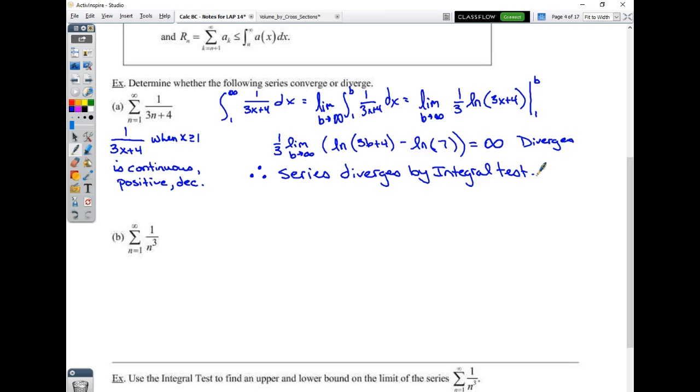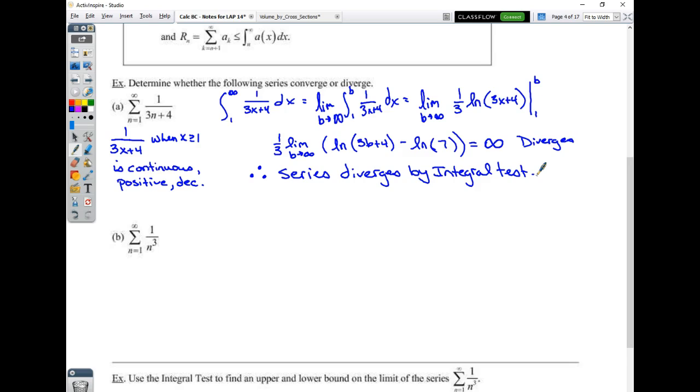Is it nice to be able to state that? Sure, it's nice to know that it has a name. But when you're doing these tests, you want to be very clear that not only have you reached the conditions, but also that you know this test is really this one. And they will want to see that as you go through the problems.